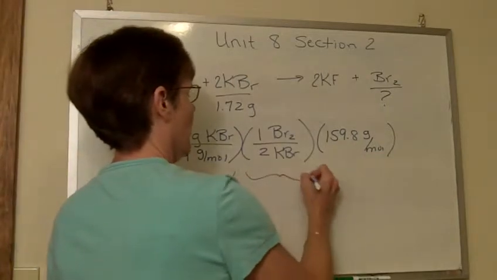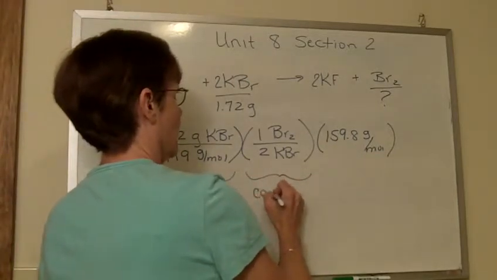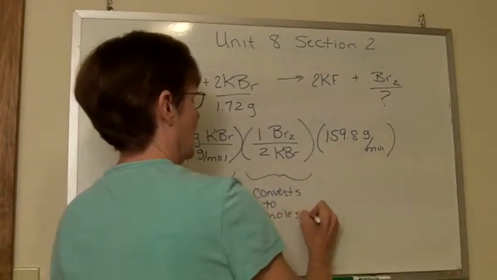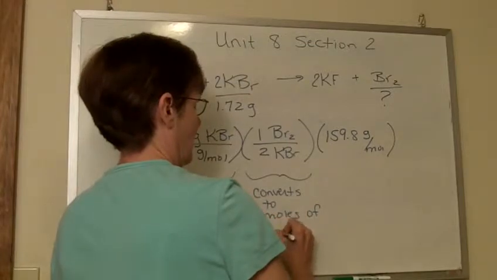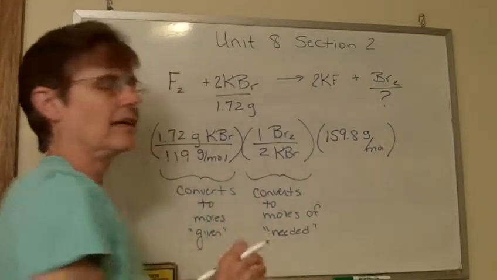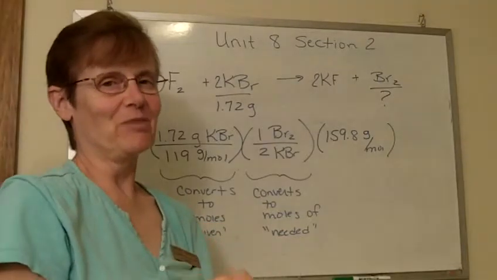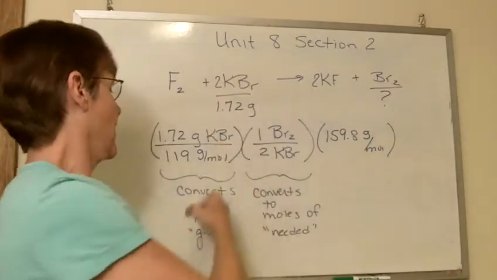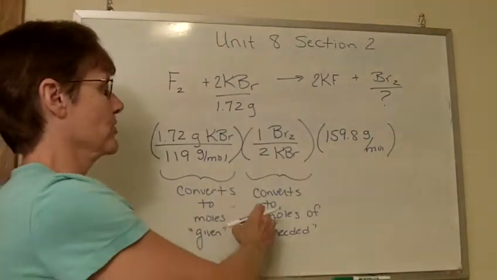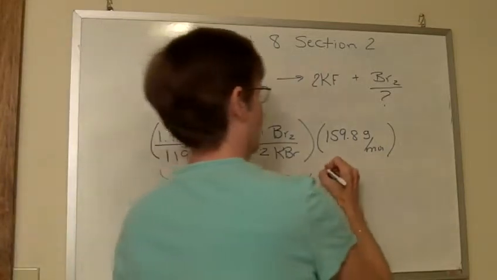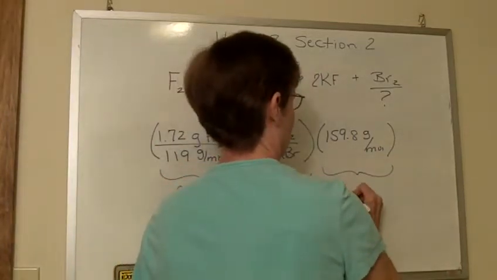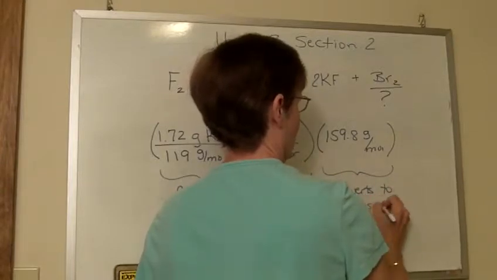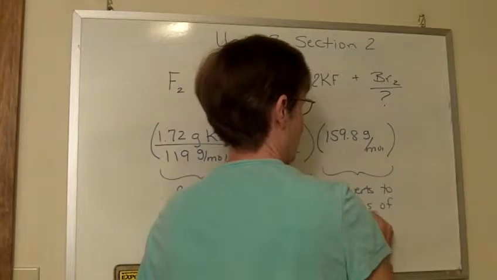Now this is my mole ratio, so that converts to moles of what I'll call needed. I need that because that's what I'm asked for in the problem. So now I've gone from grams of something that is given in the problem to moles of what I need. So one more step here. That converts to grams of needed.